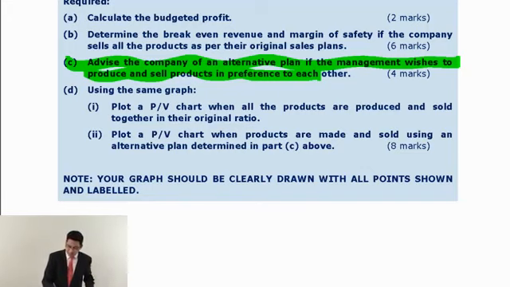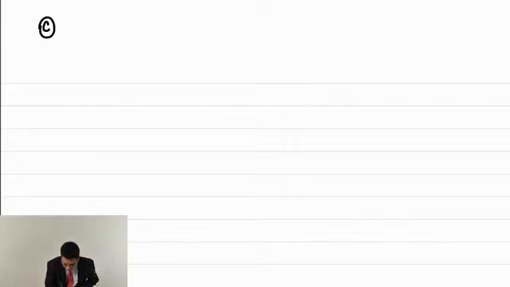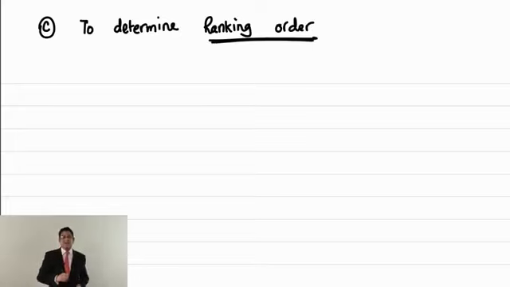Meaning, if the company doesn't know whether pins are better than nums, nums are better than needles, or the other way around, and management wants to know how can we determine a ranking order, how can we consider A has better priority than B, etc. So here is requirement C: to determine a ranking list or ranking order by using CVP.